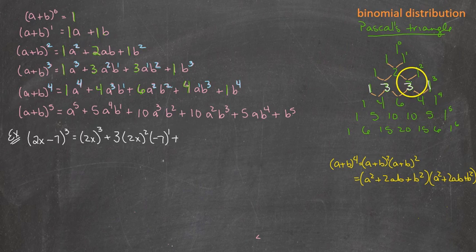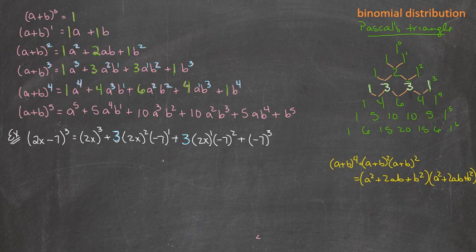Plus, my next coefficient is a 3 times 2x reduced again just to the 1st power. And then negative 7 increases from 1st to 2nd power. Then finally, coefficient of 1, 2nd term, negative 7 raised to the 3rd power.